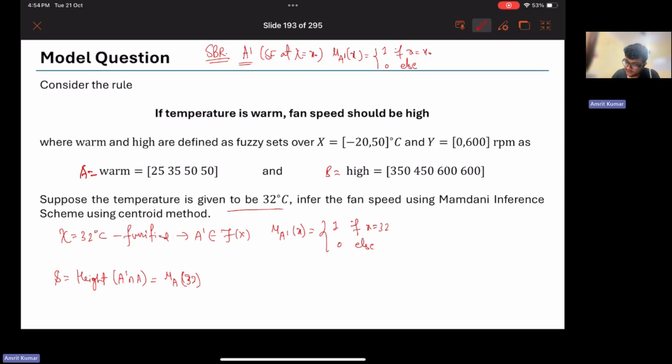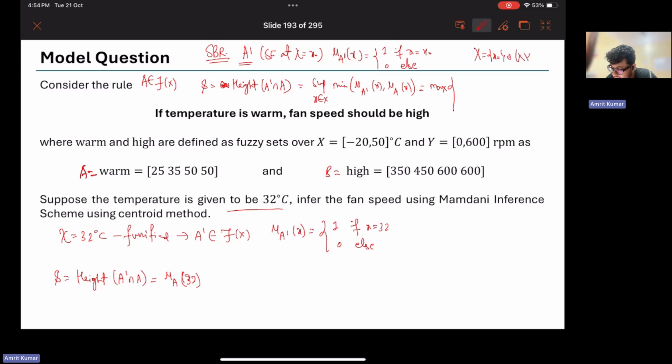Okay, and you have a fuzzy set A, and you want to compute your similarity value between A dash and A using Zadeh's maximum similarity measure, which is nothing but the height of A dash intersection A. So this can be broken into two parts because X is nothing but x naught union X minus x naught.